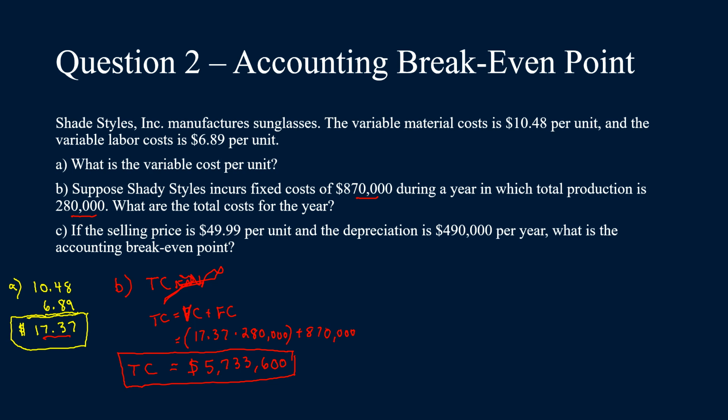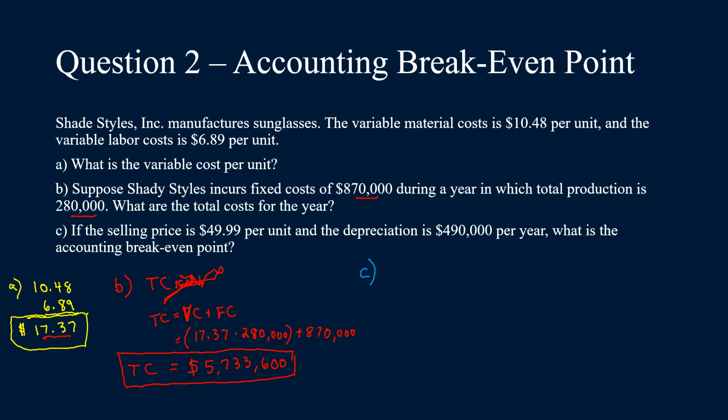All right, let's go to part C. Part C says if the selling price is $49.99 per unit and the depreciation is $490,000 per year, what is the accounting break-even point? All right, let's go ahead and use blue for this one.